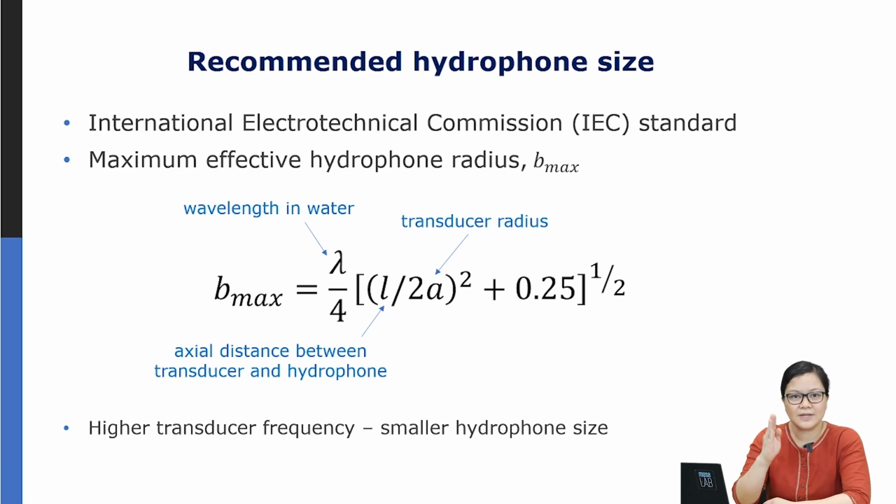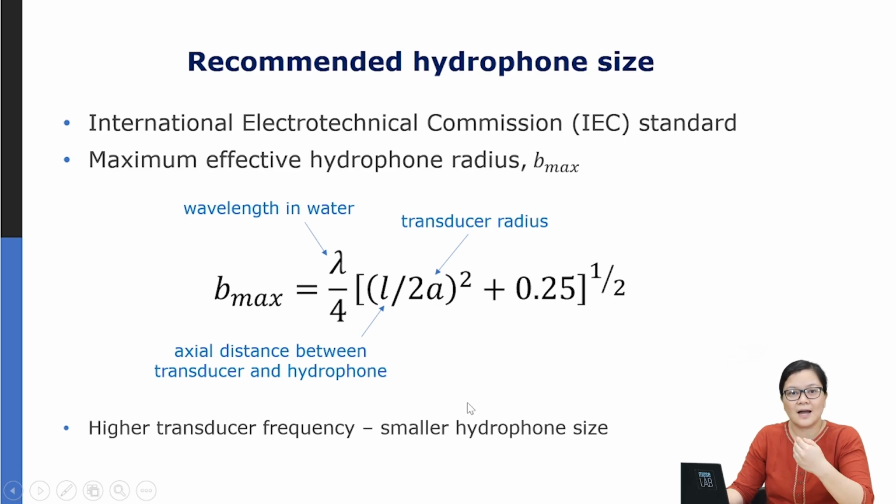So if you have a transducer face here and a hydrophone here, the distance between those two would be defined by this L parameter, as well as the radius of that transducer as defined by this HA parameter here. If you know these other parameters, you can calculate this maximum effective hydrophone radius, and you would select the hydrophone whose radius does not exceed the size that you have calculated using this equation.